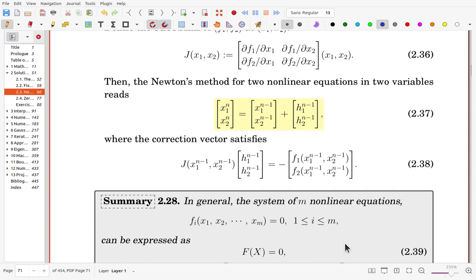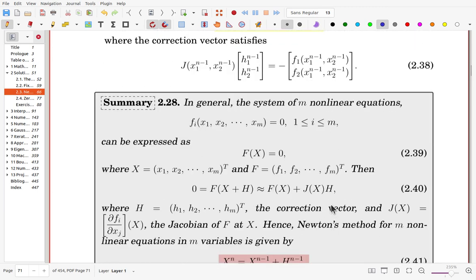Here we summarize the Newton method for a general system of nonlinear equations. So if there are m variables, we should have m nonlinear equations. We can express these m equations here in vector format.